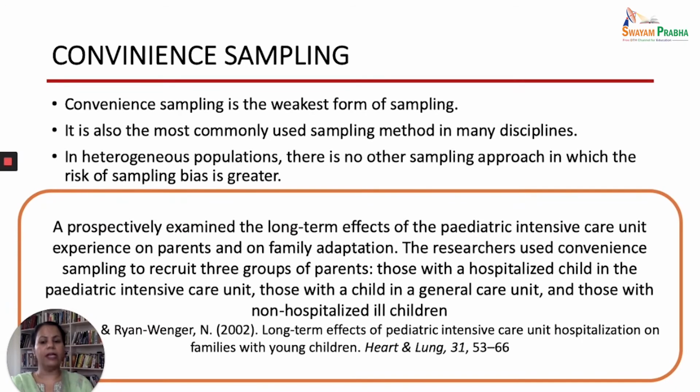Another was those with a child in the general unit, and the third was those with non-hospitalized ill children. These people were already available in these units, so these parents were included in this study. So this is a type of convenience sampling.